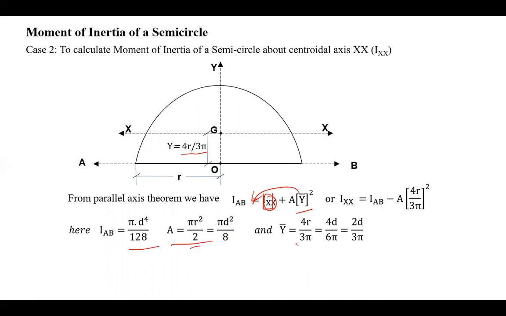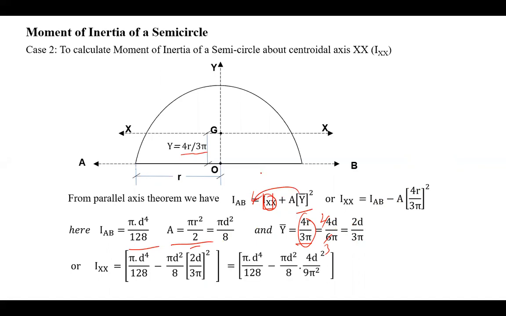You can substitute all the values in either r or d. Let us substitute in terms of d. Therefore r is d by 2. Substitute it here, it will become 4d by 6 pi, and it's nothing but 2d by 3 pi. Substitute all these things over here and simplify. So pi d to the power 4 by 128 minus pi d square by 8, and square of 2 is 4, so 4d square divided by 9 pi square, since 3 square is 9.